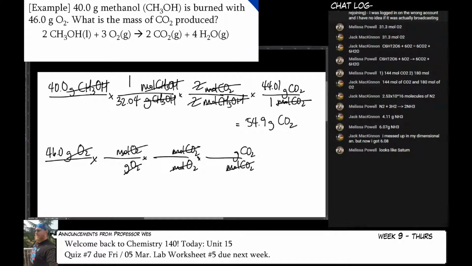Get all my units to cancel out. Look at that. And then we'll just fill in the numbers again. So 2 moles of CO2 from 3 moles of O2, so that one's good. This is 32.00, and this is still 44.01. So times all this together.